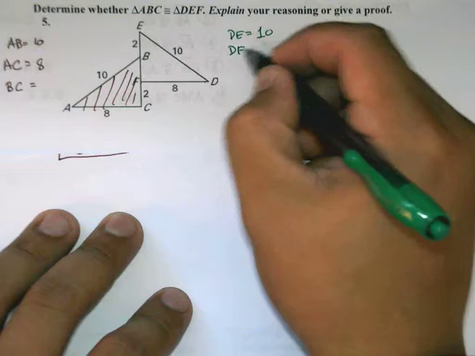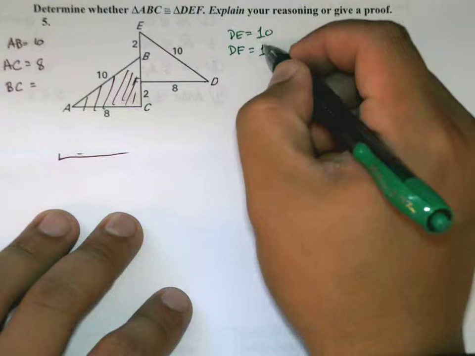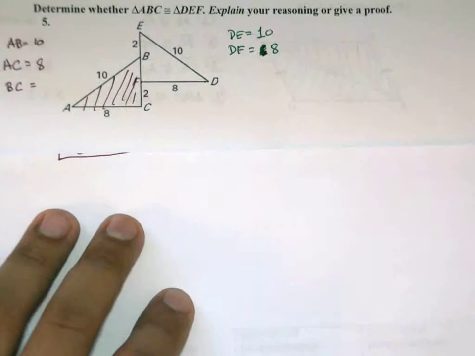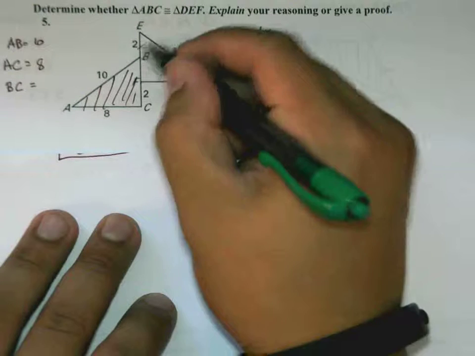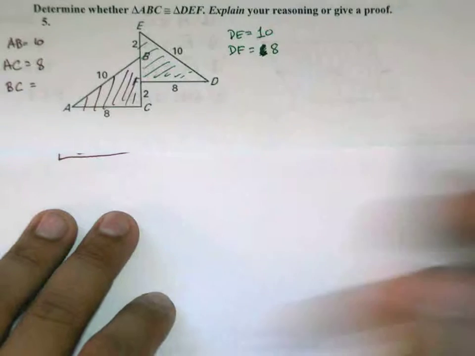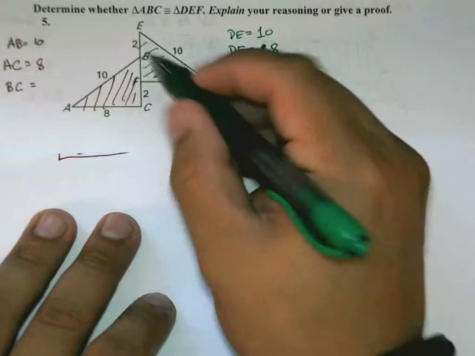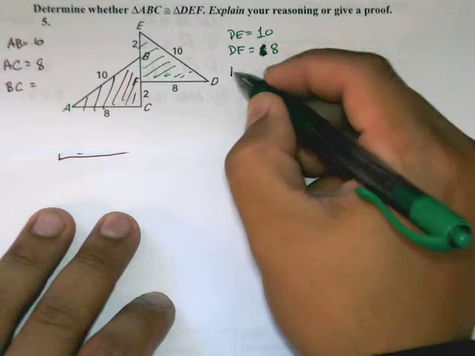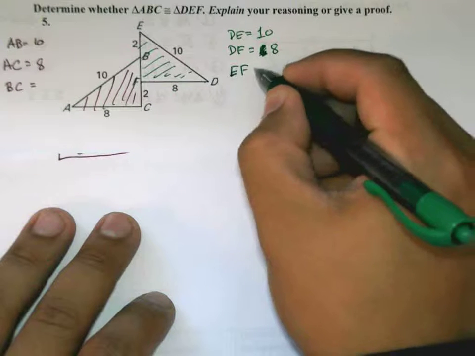So this would suggest that I should use side, because I already have two known sides that are congruent. Now I just need to figure out what about that third side? What about EF? What is that equal to?